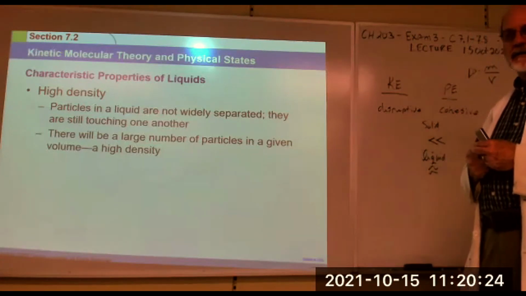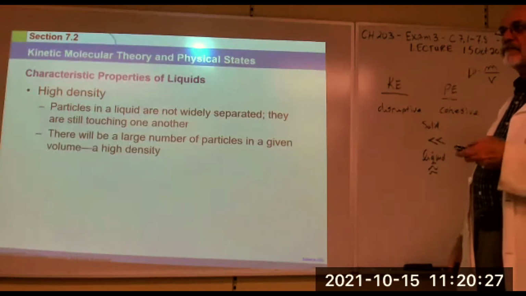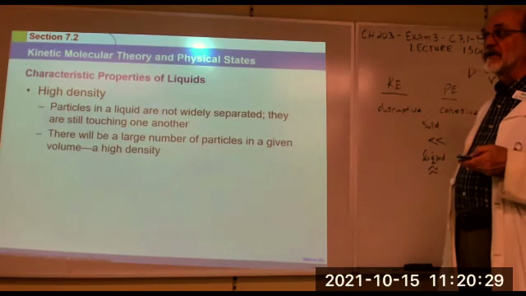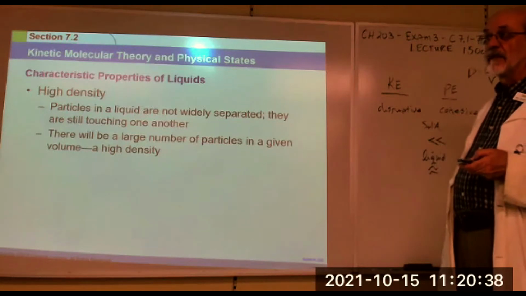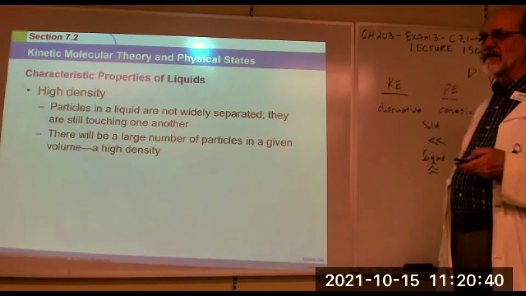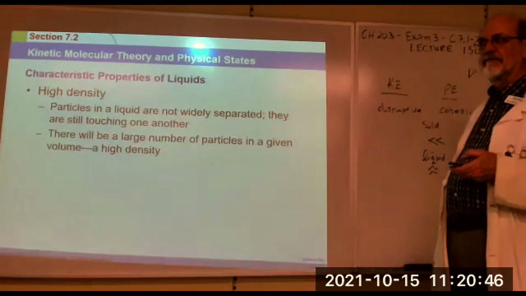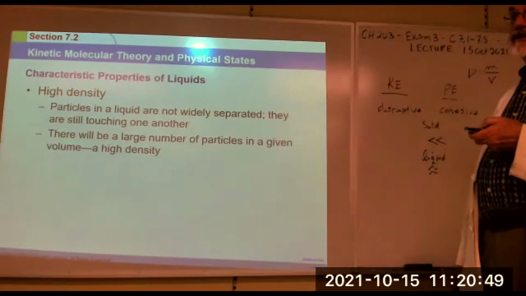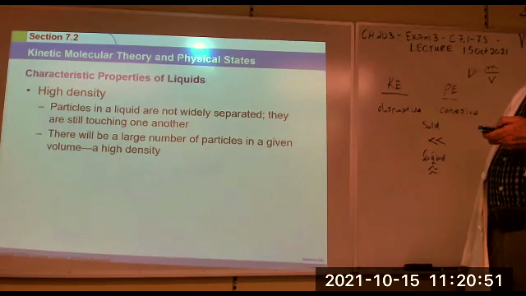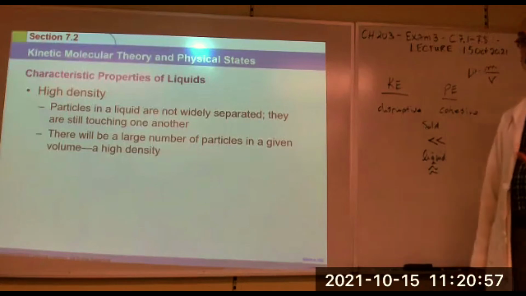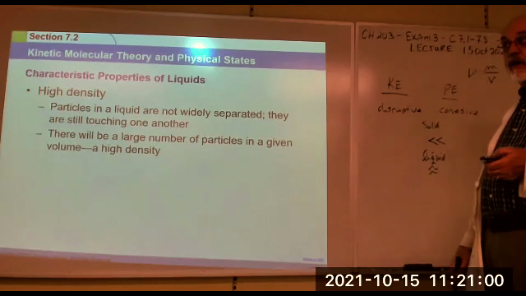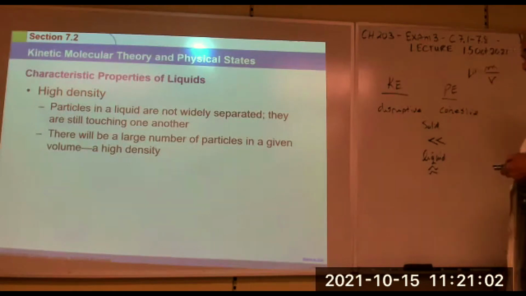Mercury is a liquid, but if you compare mercury to, say, lead, I'm not sure about their densities, I think lead is more dense, but not by much. That's largely due to the fact that the lead atom is heavier than mercury. But comparing lead as a solid to mercury as a liquid at the same temperature, there's not a whole lot of difference in their density.